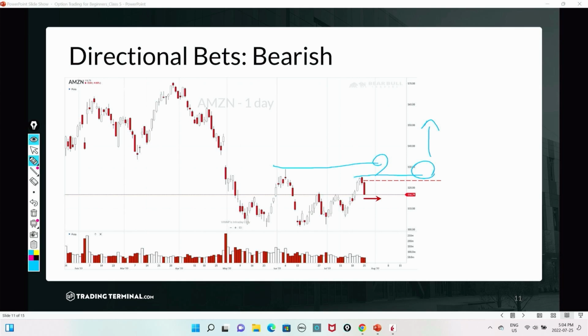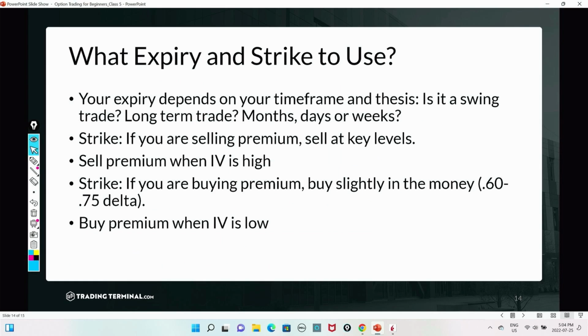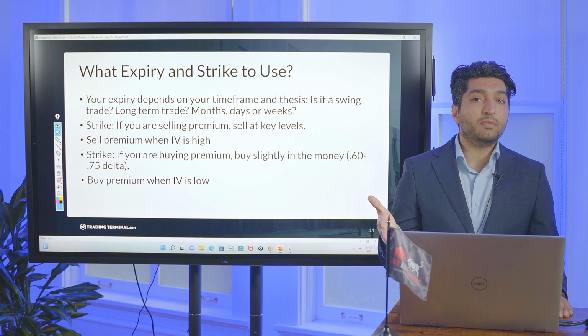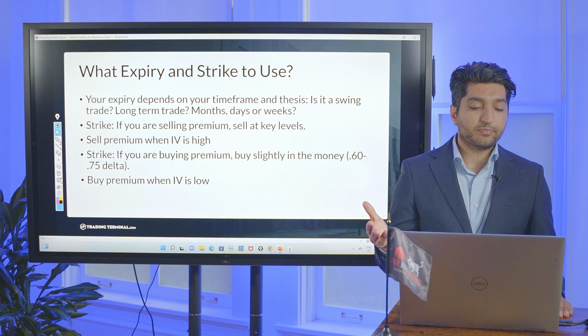Of course, the further you go, the less premium you're going to collect, and the less juicy that premium is going to be. So it's not going to be worth your time to take that trade. You also want to sell premium when implied volatility is high. Every time implied volatility is high, you want to sell premium because you're shorting volatility.